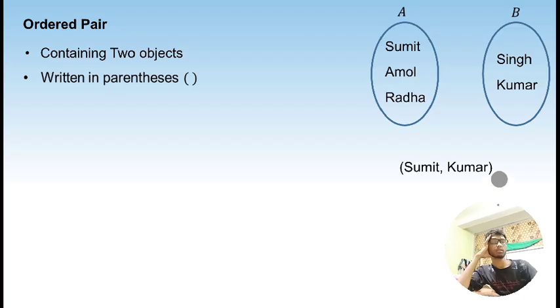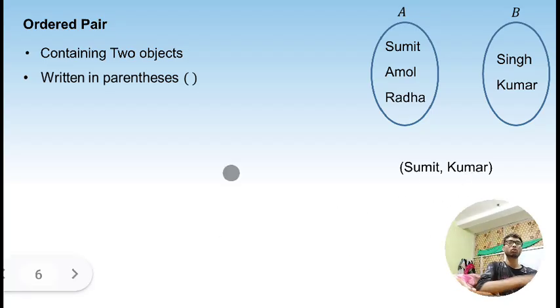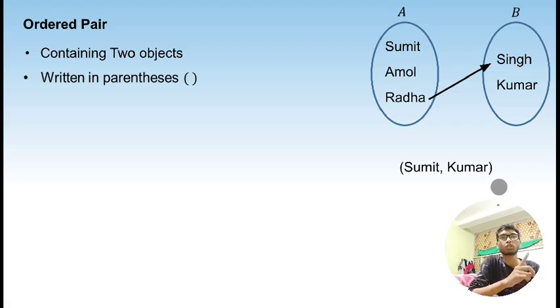This whole is an ordered pair. Here we took two objects and separated them by a comma, and those two objects are inside the parentheses. This is an ordered pair. Clear?